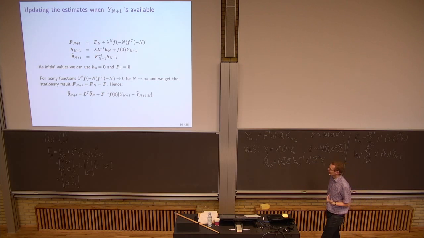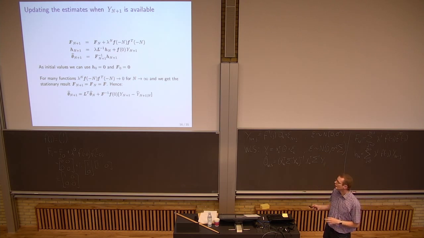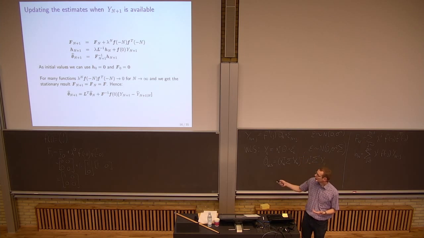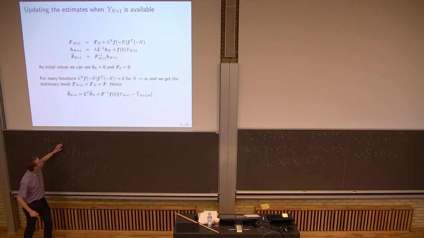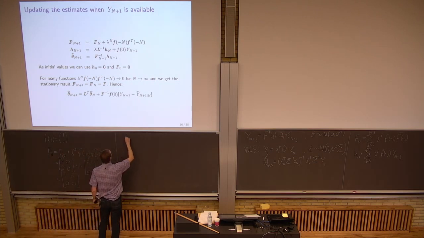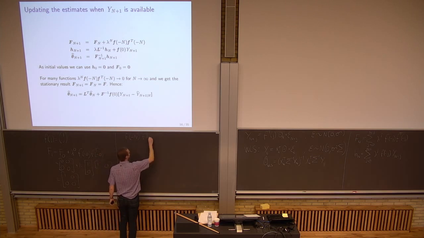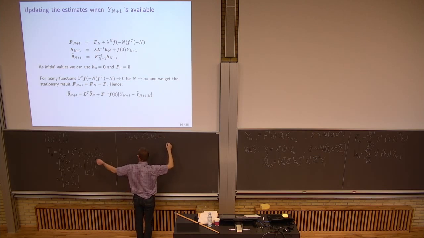Now, this may not be so useful nowadays that computing power is very cheap. But what we discussed is that lambda to the n power is usually, when n becomes large, a small number. And depending on what you have as a function here, f of n, now for the linear part here, that part there, what is that? f of minus n, f of minus n transpose equals, well, we have the definition of f there.